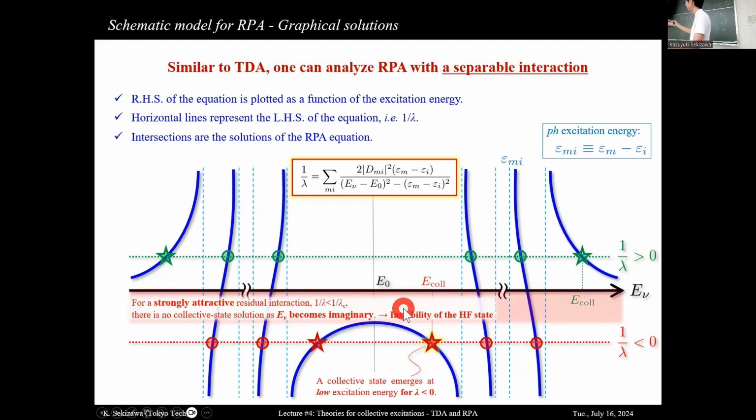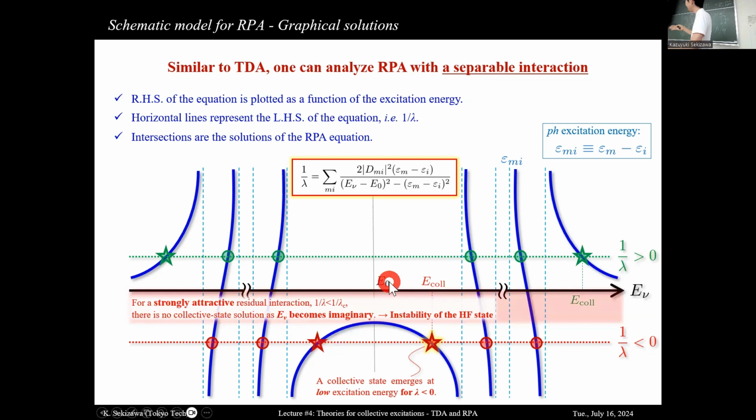Because of some residual interaction which is attractive, the ground state that you prepared is not the true ground state. There exists a better ground state with lower energy than the Hartree-Fock state.